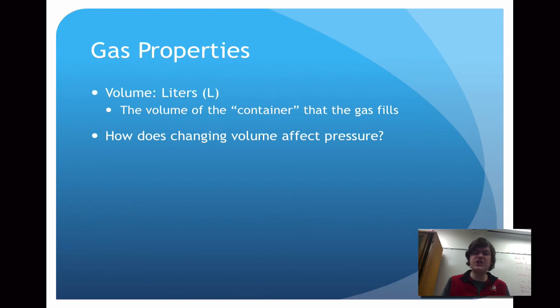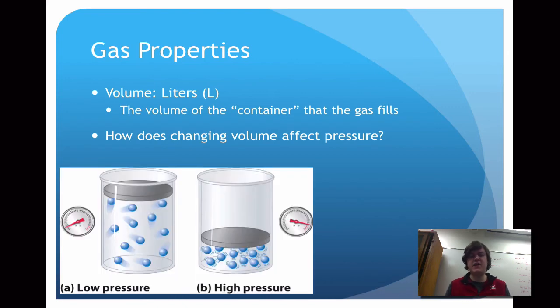So how does changing volume affect pressure? If you look at this diagram, you can see the same number of gas particles. On the left-hand side, there is more space between them in the larger volume, so they have room to spread out. When the volume is smaller, they all get compressed into this little area.